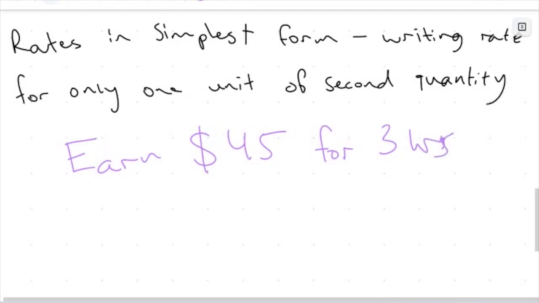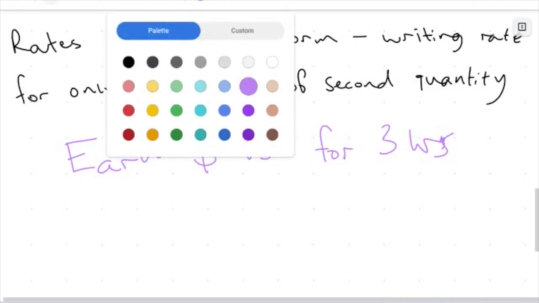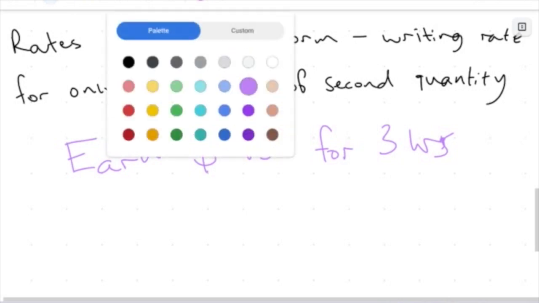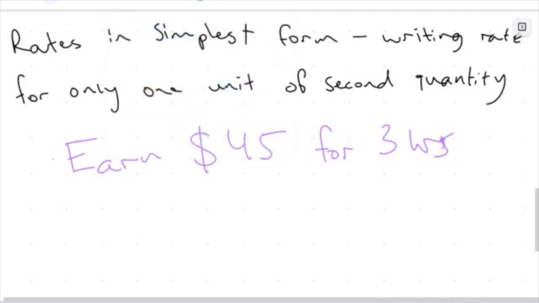Now, this particular thing here is a non-simplified rate. This means it's not written for only one unit of the second quantity. It's not written in its simplest form. So this thing here, I'll write NSR. That's the non-simplified rate.